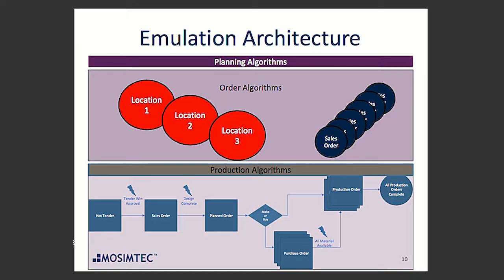So the production algorithms are determining which orders are routed through which pieces of equipment or personnel. They're determining how much raw material to pull in, and they are embedded within the location objects. And fundamentally, what was important about this design was the fact that because it's an object-oriented architecture, we were able to embed that logic into the agents, into the objects.